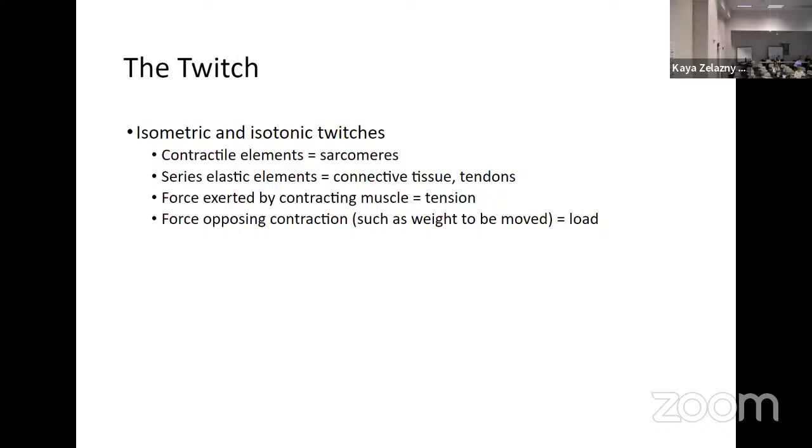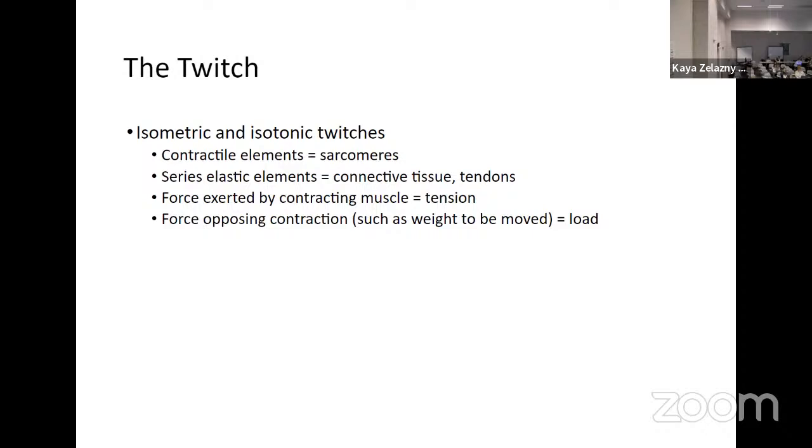So as we're thinking about these twitches, we can also define isometric and isotonic twitches. And these are basically defined based on whether they move the endpoints of the muscle, like the stuff it's attached to, whether they actually physically move those things or not. So think like you're in your room or at the gym and you're planking, right?